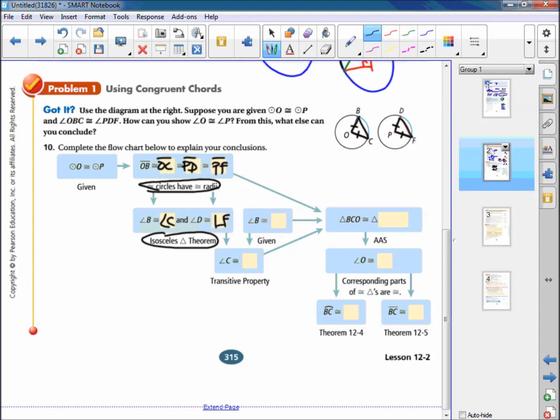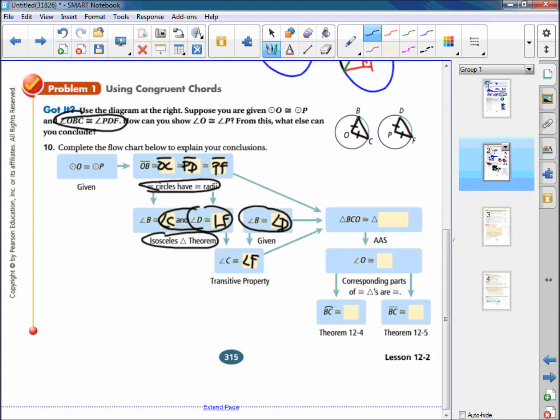Then we know that angle B is congruent to angle D. Okay. This was our given. That's right here. All right. And then together we could do the transitive property. Since D is the same as F, this part, and D is the same as B, oh, I'm sorry, C is the same as F and D is the same as B, then we could put C and F together.